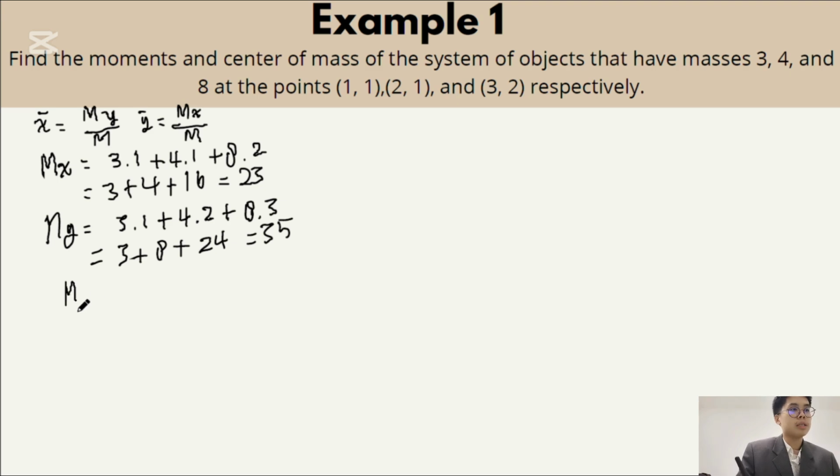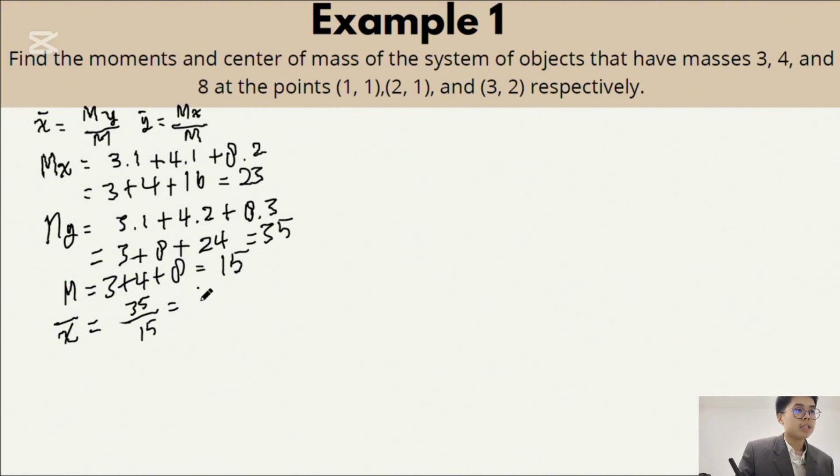The total mass is 3 plus 4 plus 8, which is 15. Then we can find the center of mass, which is also the centroid. The moment about y is 35 divided by the total mass, 15. We can simplify this and it becomes 7 over 3.